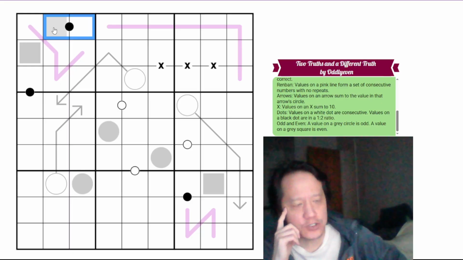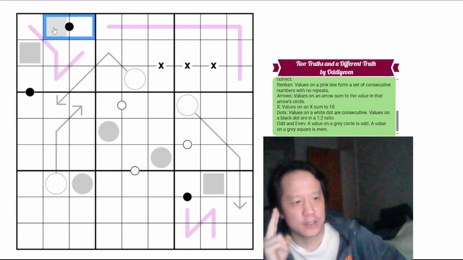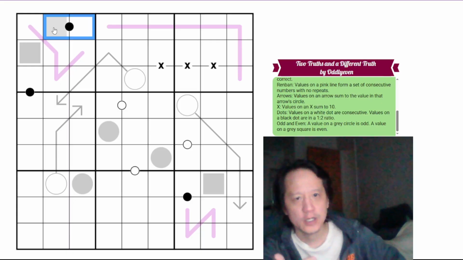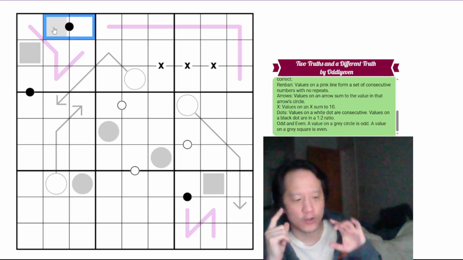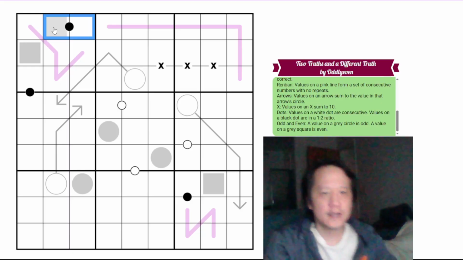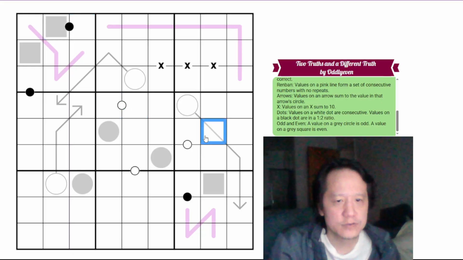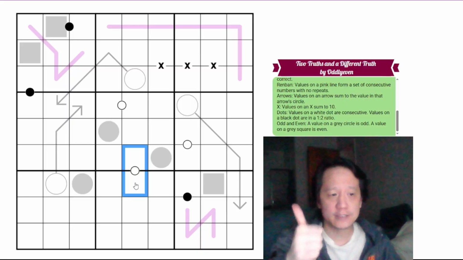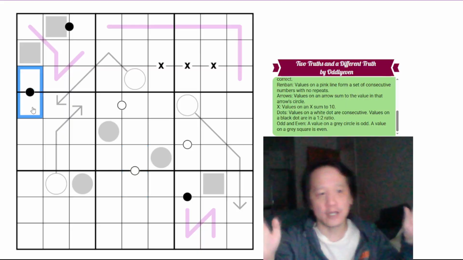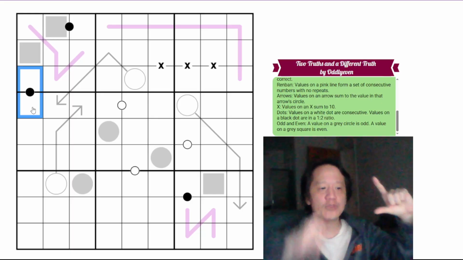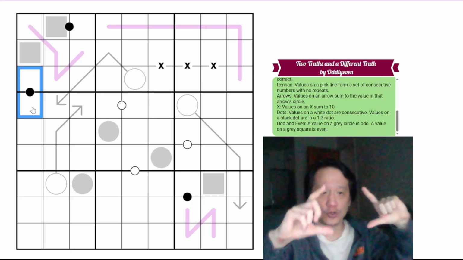So that means you cannot have a correct ratio in both situations, which means that you have to have the doubling effect affect every single one of these scenarios. It's not a problem for the white Kropke dots, but for the black Kropke dots, if they were both the same shading, then they would have to be correct. If they're correct in one scenario, they're correct in the other scenario too, right?